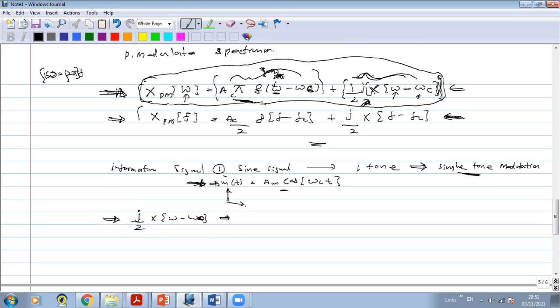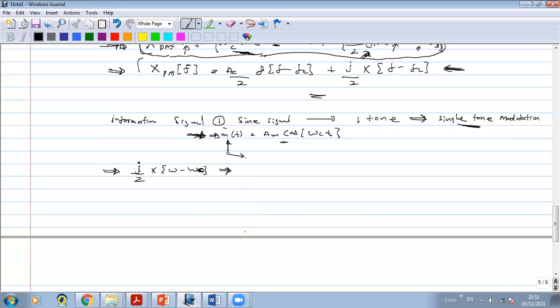So for that I first have to evaluate the Fourier transform of this message signal. It is a cos signal, so you already know its Fourier transform. I will write Am also here, it is a constant, so I can take it out, and I have pi delta(omega minus omega_m).